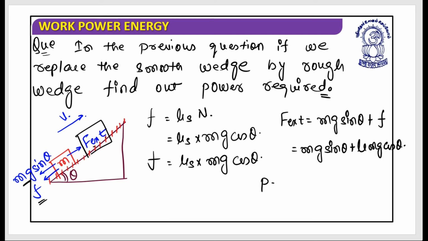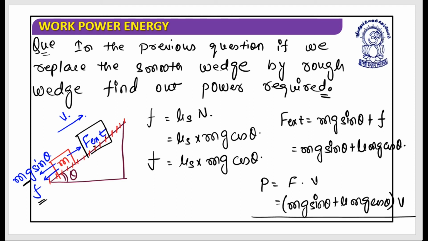So the power required is F dot V, that should be equal to mg sine theta plus mu mg cos theta, into V. This is the power required.